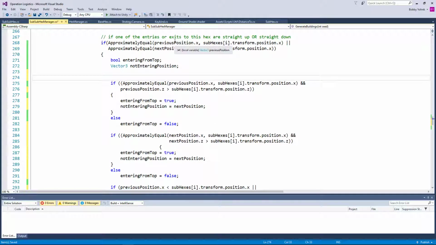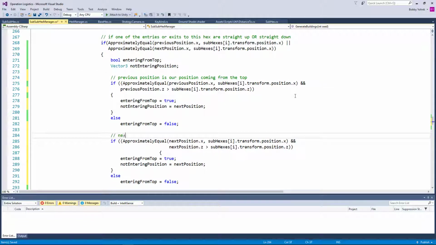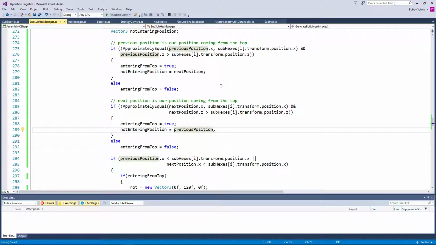So, previous position is our position coming from the top. Whereas down here, if this is true, next position is our position coming from the top. And I'm going to move this curly brace on over. There we go. And this one will need to be previous position, because that is the position we're actually interested in.